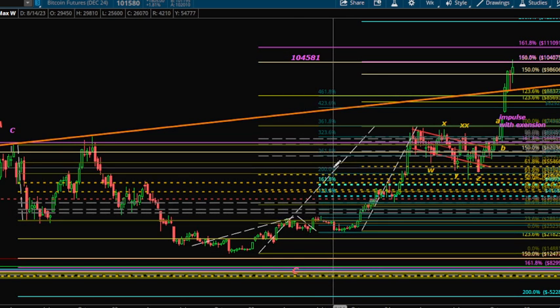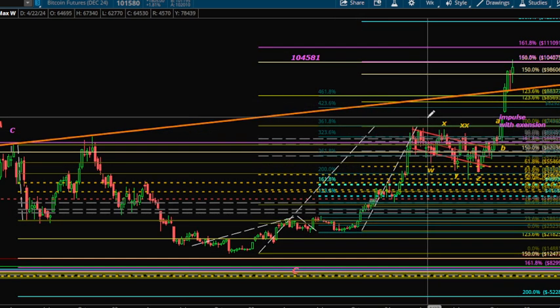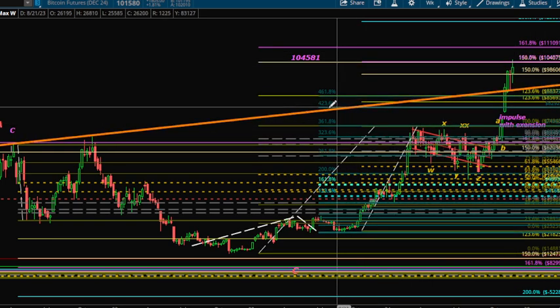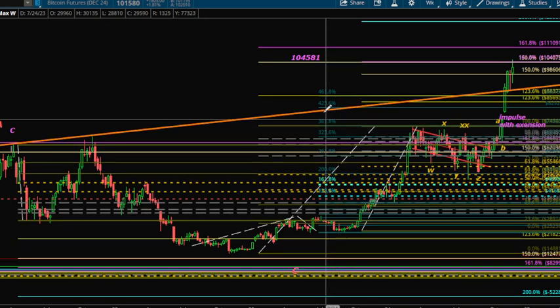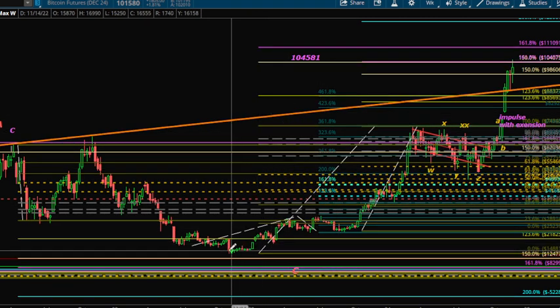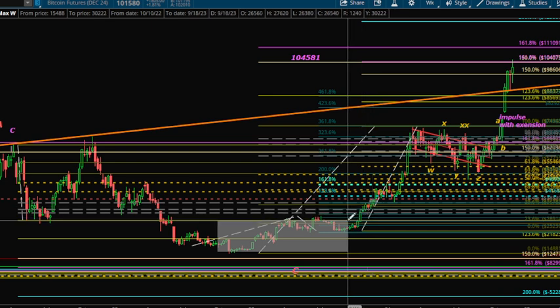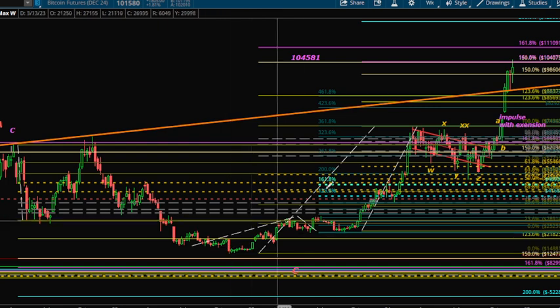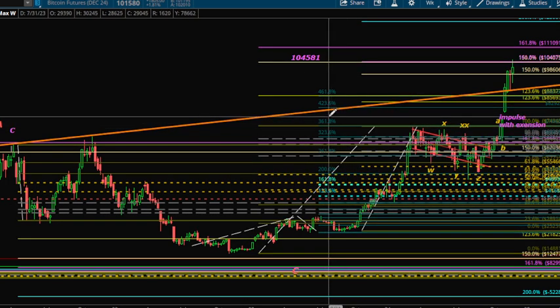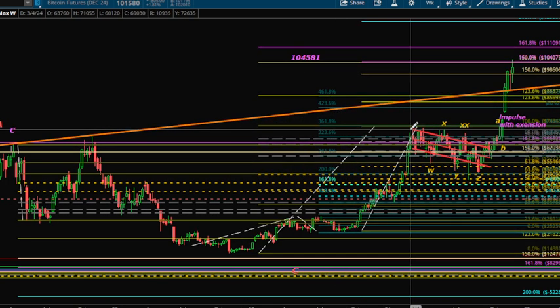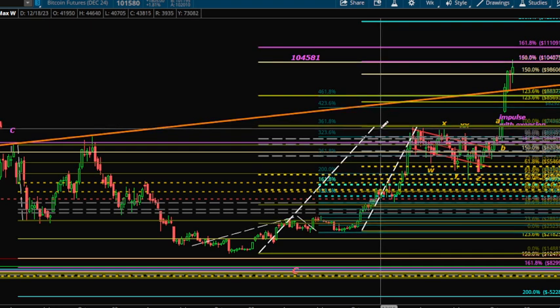I also took these 2 moves, the first leg up and the second leg down, the correction, added those together, and we got a 361.8% right here on the triple, which started the triple correction, and that lined up with another fib.